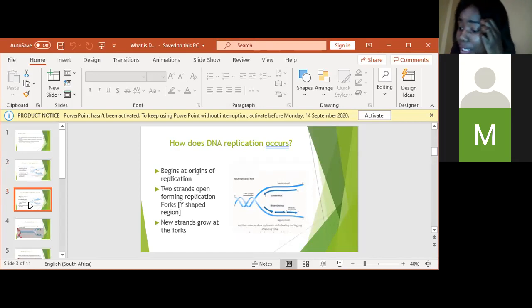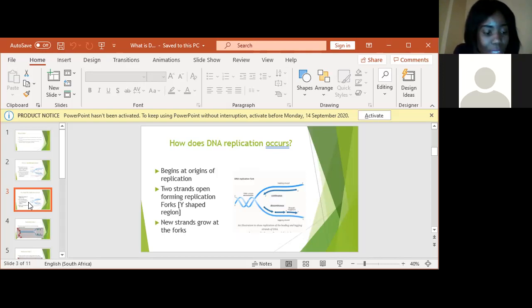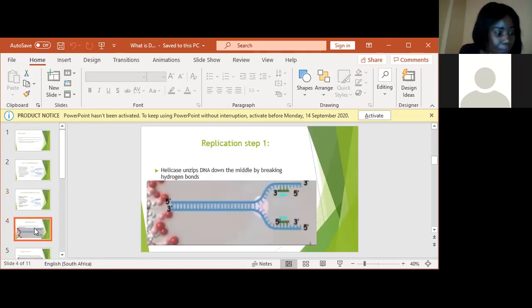What is a replication fork? A replication fork is a Y-shaped region on a replicating DNA molecule where a new strand is growing, and with each strand separated, we can now start the process of DNA replication.